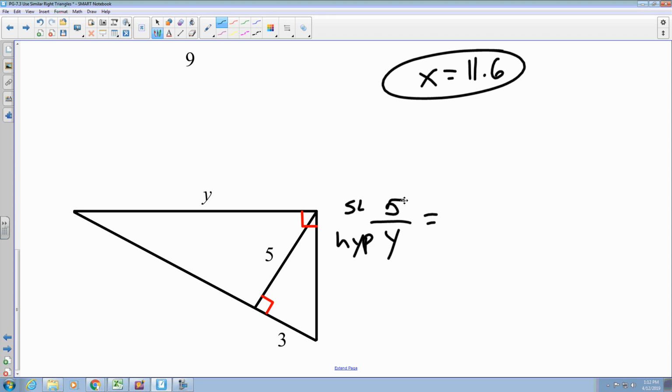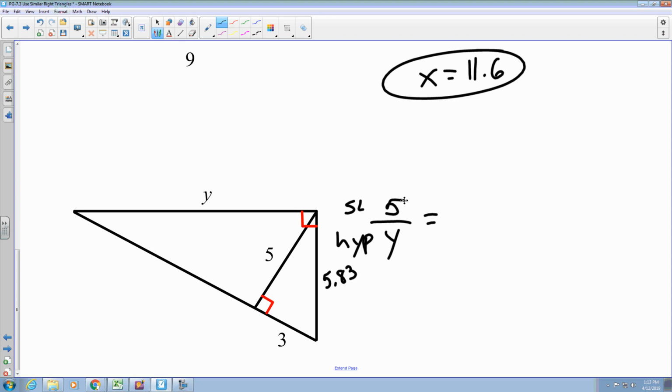Oh, but we can figure out what this is because I know that 5 squared plus 3 squared, so that would be 25 plus 9 equals 34. Square root of 34 equals roughly 5.83.